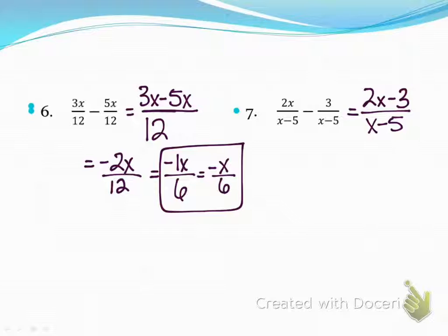Can I do anything with that? No. Are they like terms? No. Can it be factored? No. So if you need to put parentheses around them to remember that they cannot reduce with each other because they do not match, that's fine. But other than that, there's nothing I can do. Questions about 6 or 7?